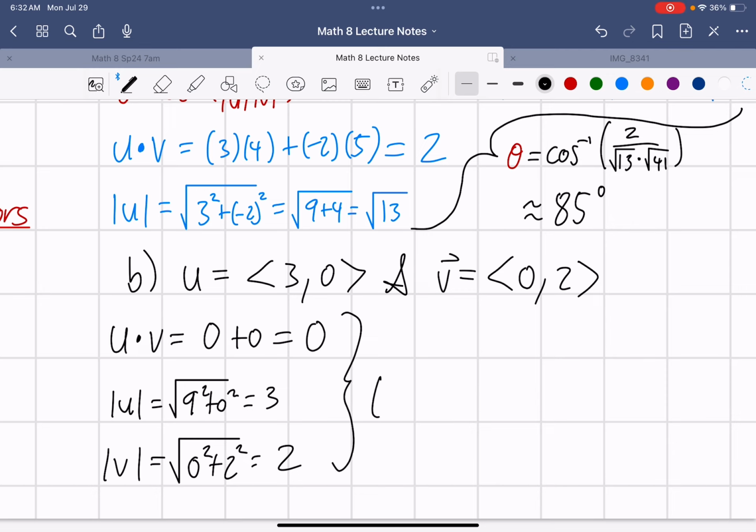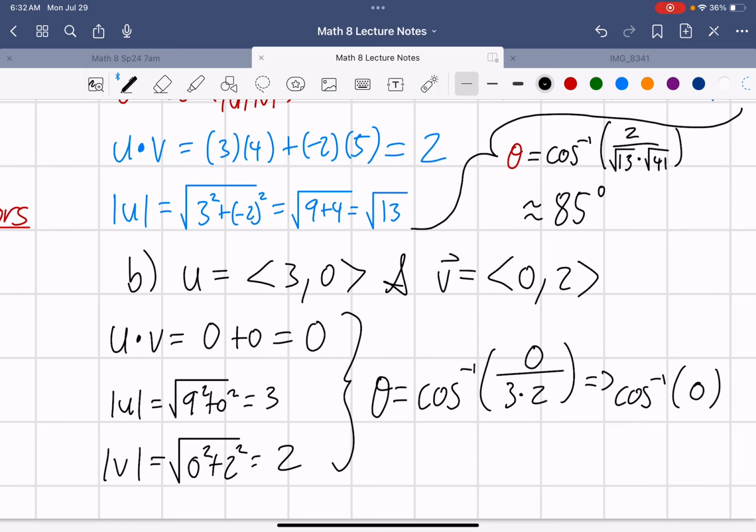Now, the angle is cosine inverse of, well, my numerator is 0, divided by 3 times 2. But having 0 in the numerator is just going to give us cosine inverse of 0. Now you can use a calculator here, or you can remember that cosine is 0 at 90 degrees.